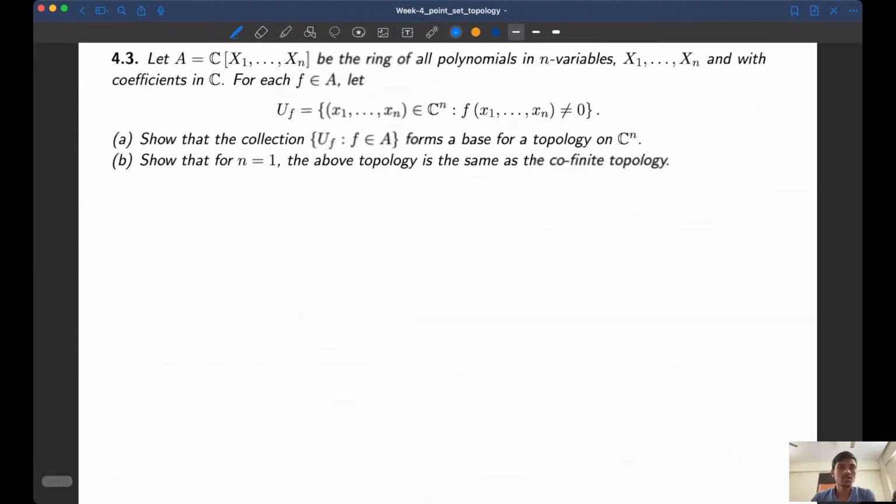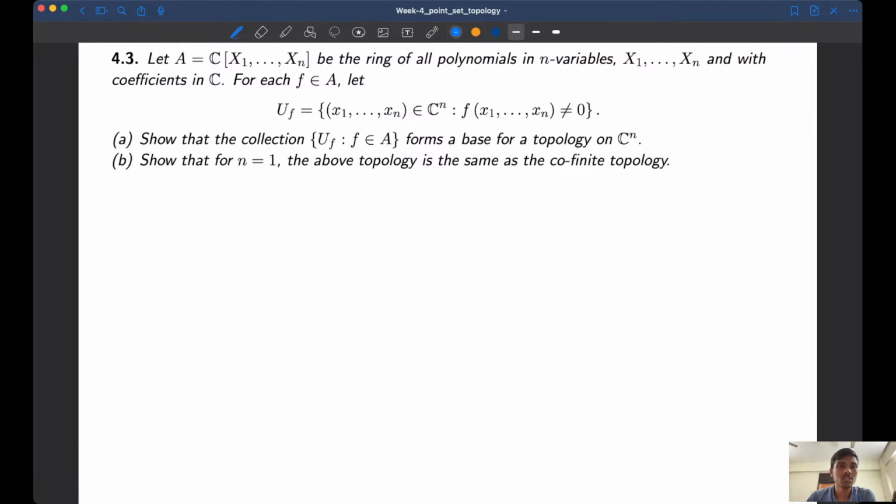So it is again about the basis of the topology on Cn. So start with the ring of polynomials in n variables. Each element will look like some polynomial in variables x1, x2, ..., xn, and the coefficients come from complex numbers.